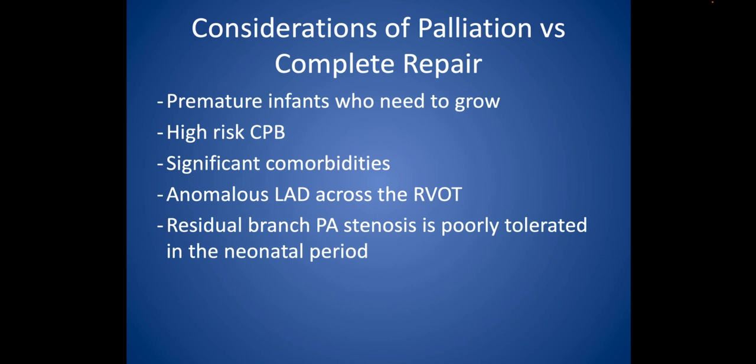One specific coronary abnormality that's common is an anomalous left anterior descending coronary, and that may come across that RVOT. In situations where the coronary anatomy would prevent you from making any sort of cuts along the RVOT, that would be catastrophic, so that would also be a contraindication.